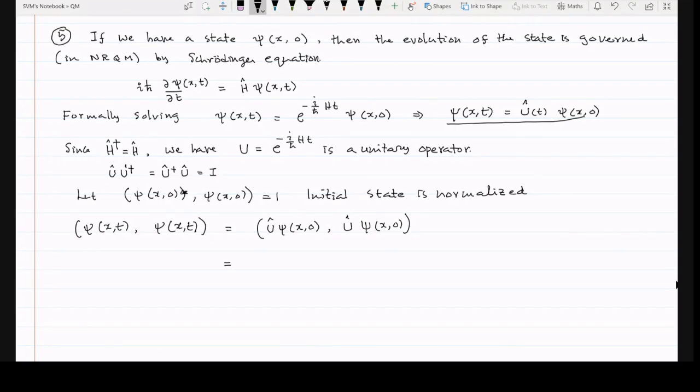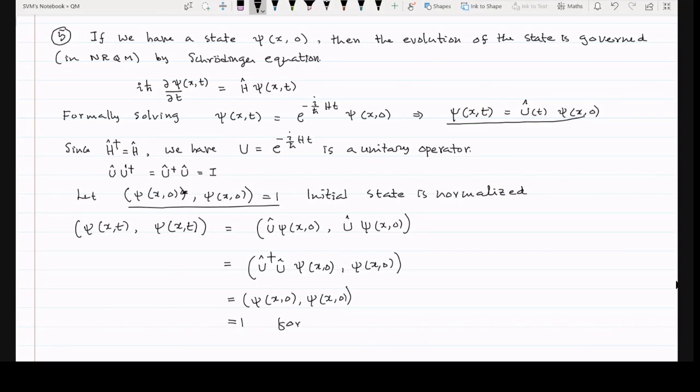But now I know this can be written as U dagger U acting on psi of x comma 0 with psi of x comma 0. But what is U dagger U? That is identity. It means it is the inner product of psi of x comma 0 with psi of x comma 0. So if initially this was normalized, if this is 1, then this is 1 for all times. That means the unitary evolution.